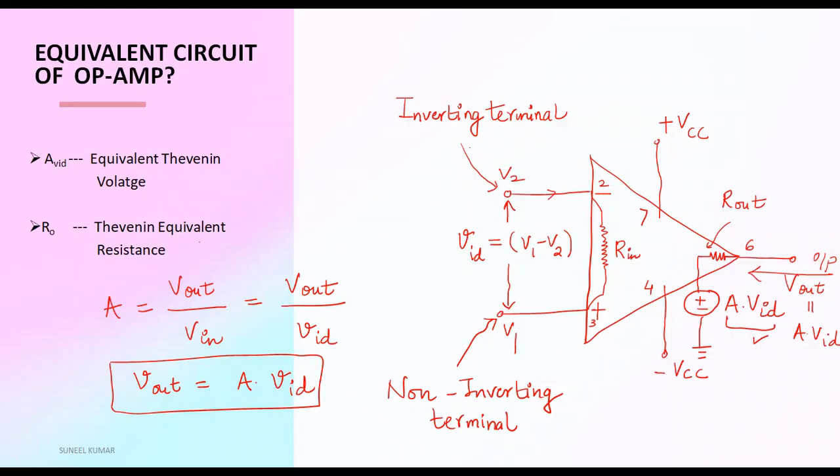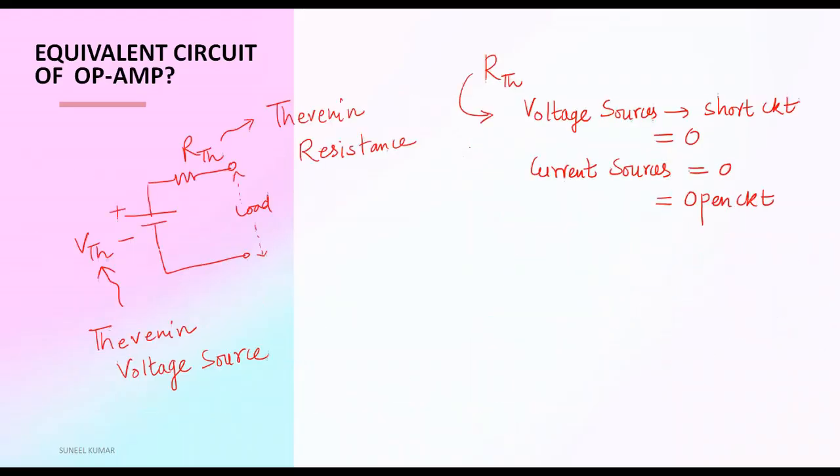And whenever we want to calculate output, we will connect a load here, and then we will get the output. So we can simply write here V output is A into VID, and VID is V1 minus V2.